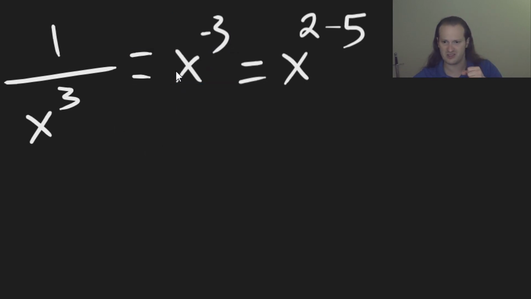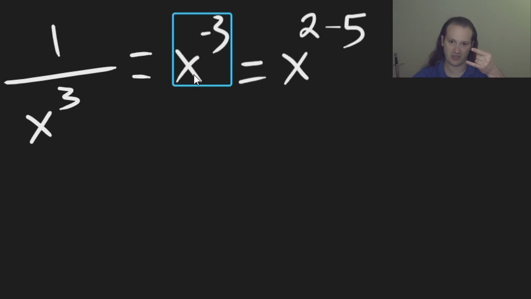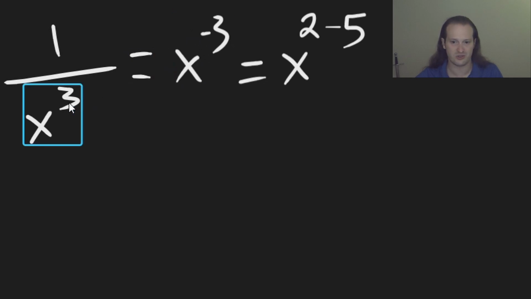We flip, this is on the baseline, or at least it's in the numerator of the baseline, and then we reciprocate it as 1 over x to the third. Even though it goes from bottom to top, gaining a negative or losing the negative, whichever way you go, note that the 3 stays with that base, that variable.